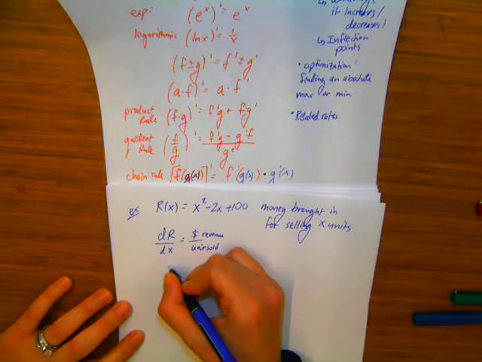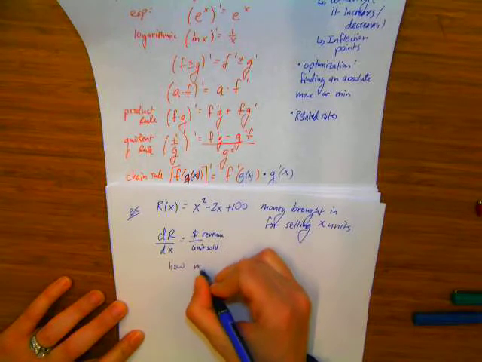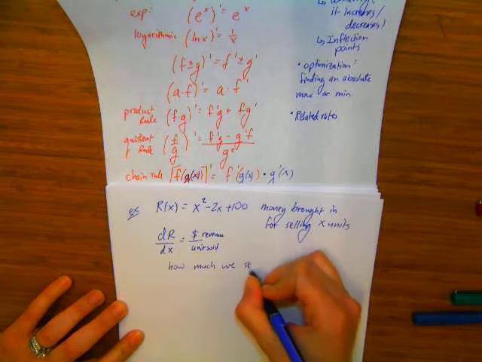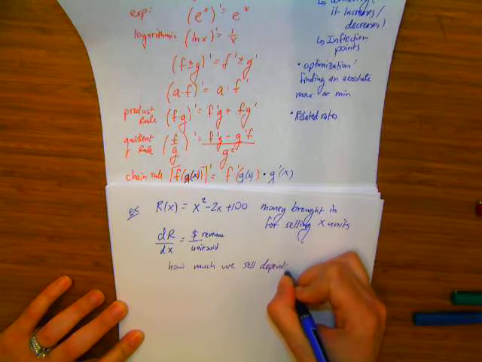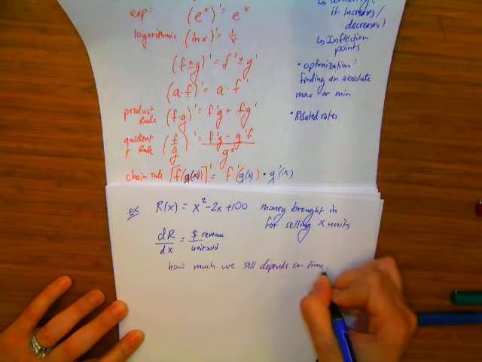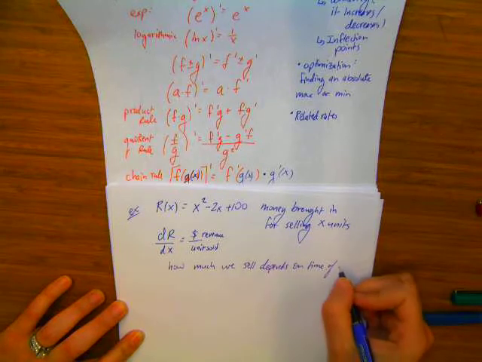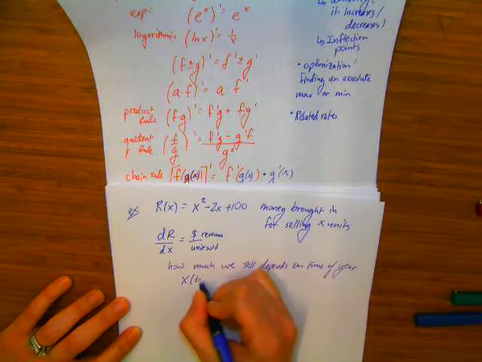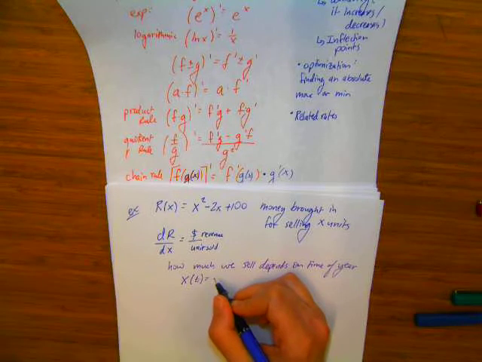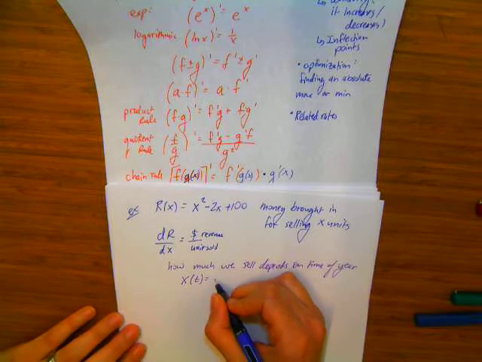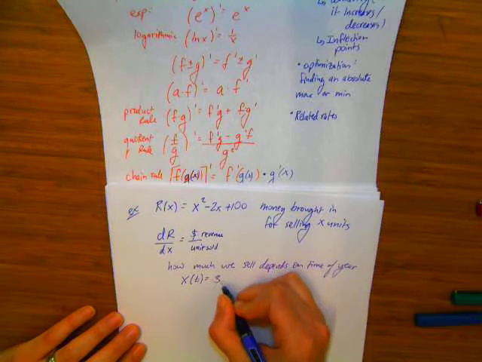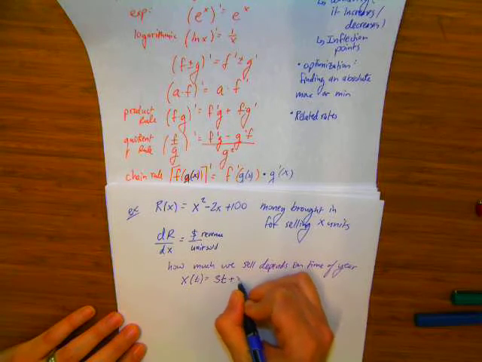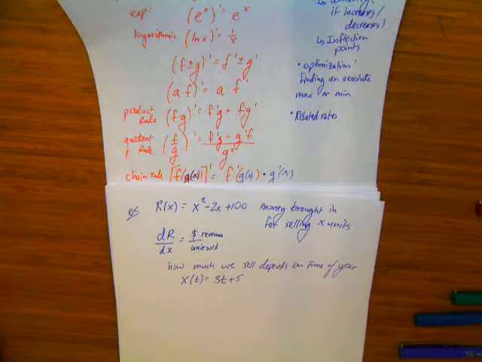But something that we pointed out before was how much we sell depends on time. Okay. So let's say our x, which depends on time, looks like I might be interested.